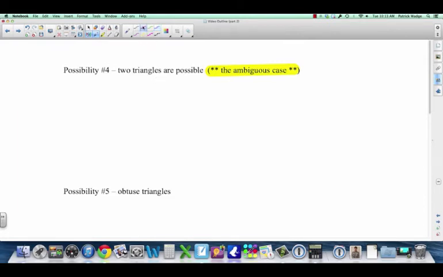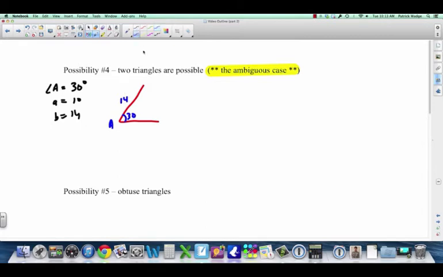For example, if we had something like angle A is, you guessed it, 30 degrees, and side A is 10, and B is 14 again. If you just had this information, you wouldn't know how many triangles are possible. So you'd have to set it up. You'd say angle A is equal to 30. This can't be A, so it has to be B, which is 14.